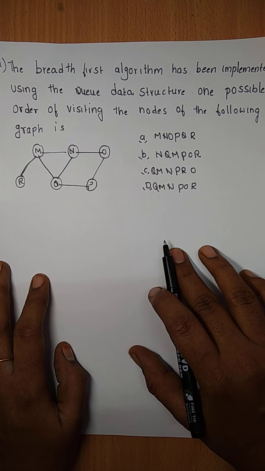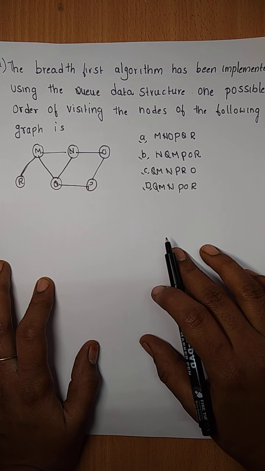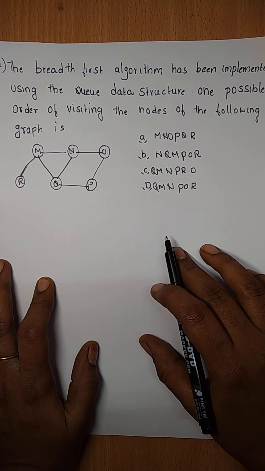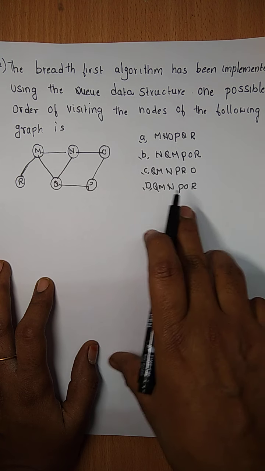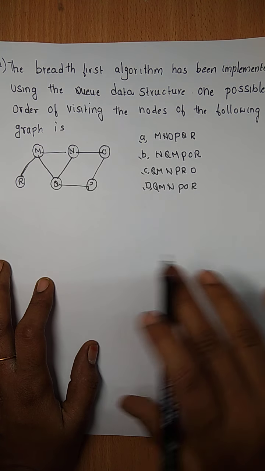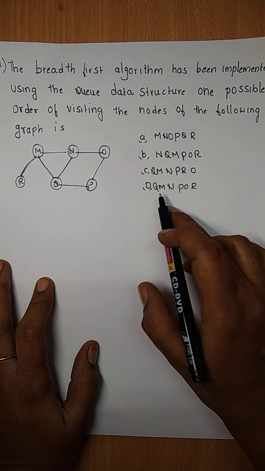We have already seen BFS in our data structures videos. BFS is nothing but visiting each and every vertex of the graph exactly once without forming any loops.